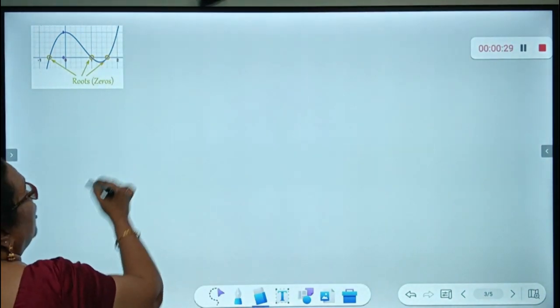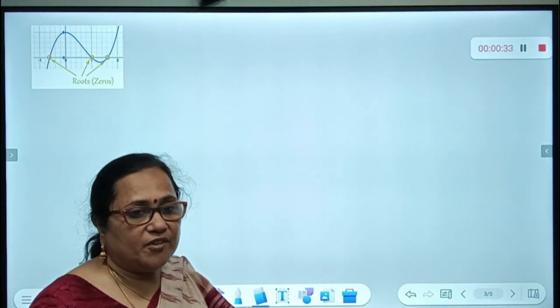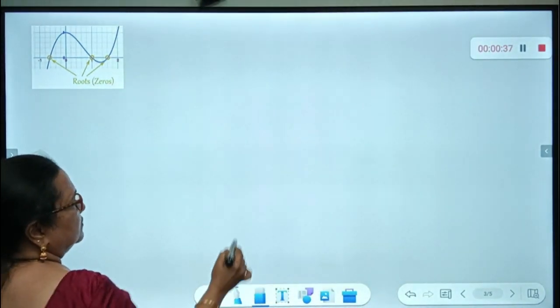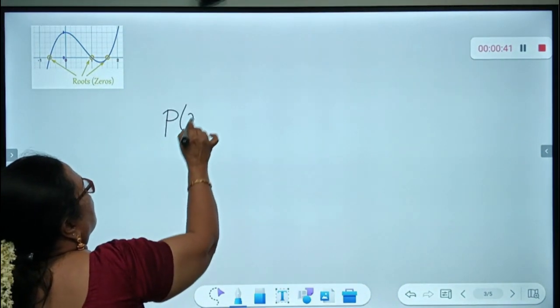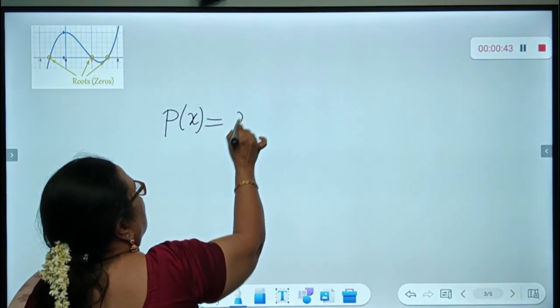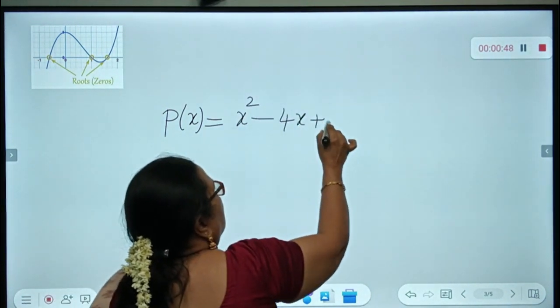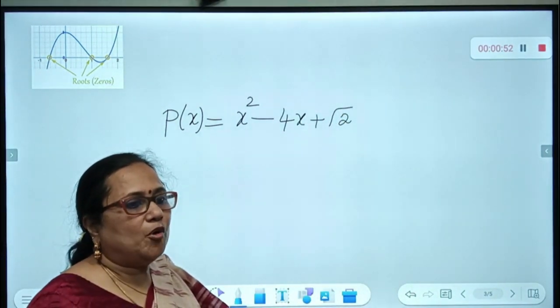So a polynomial is an expression involving constants and variables. For example, this is an example of a polynomial.